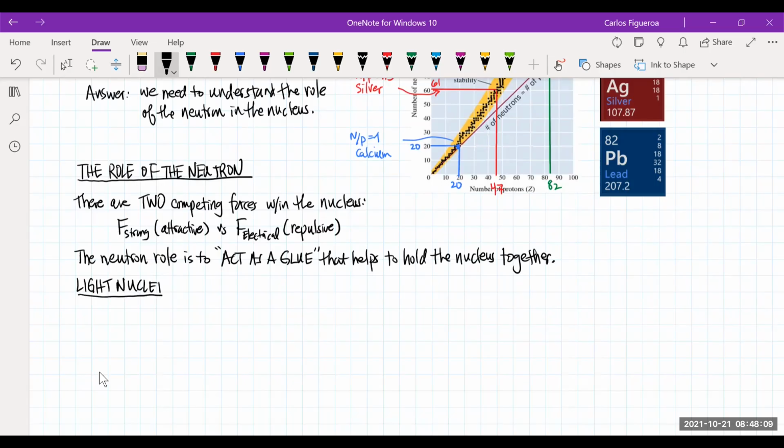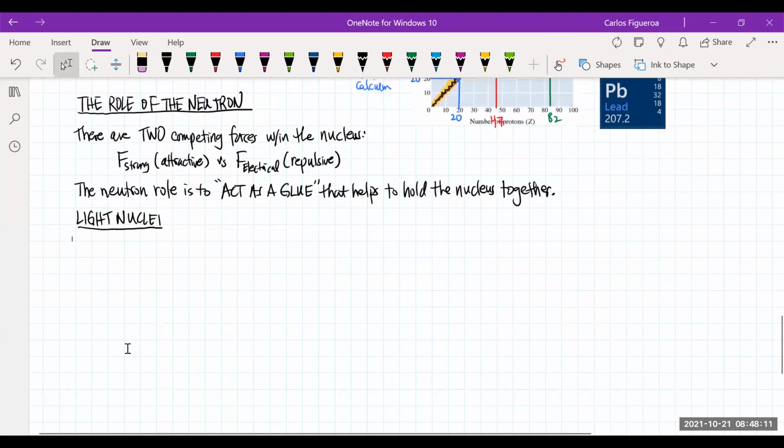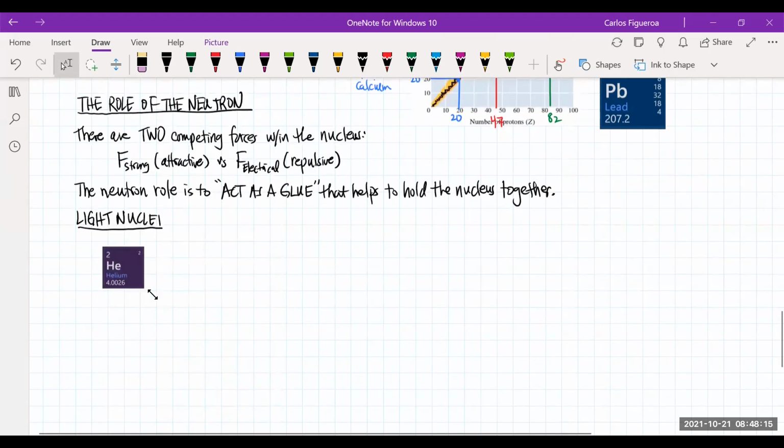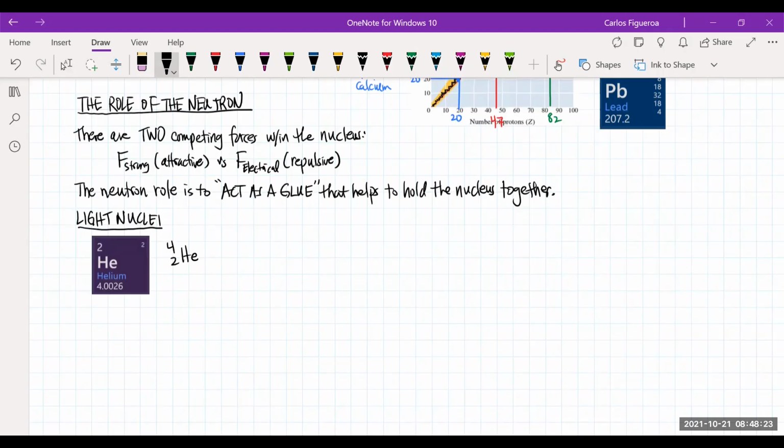Well, with light nuclei, I could pick a different atom that's less than 20. And the simplest one is, without any doubt, helium. So if you look at helium, what's special about helium? Well, we know that helium looks like this. So it has 2 neutrons and 2 protons.